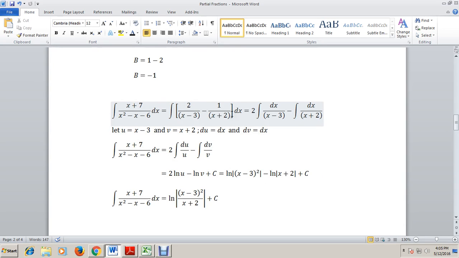2 dx. Now, from here, essentially, we distribute the integral sign and dx to the two terms. So we have 2 integral of dx over x minus 3 minus dx over x plus 2.